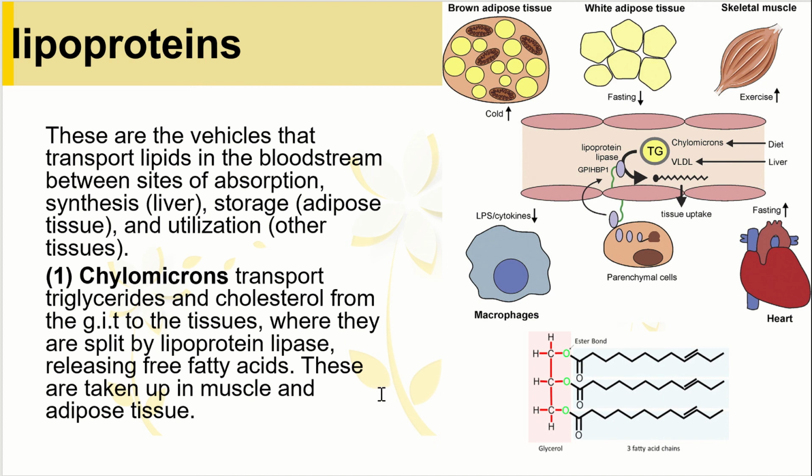So let's read through that again. Our chylomicrons transport triglycerides and cholesterol from the GI tract to the tissues, where they are split by lipoprotein lipase, releasing free fatty acids. These are taken up in the muscle and adipose tissue, right? So here we can see tissue uptake occurring here.